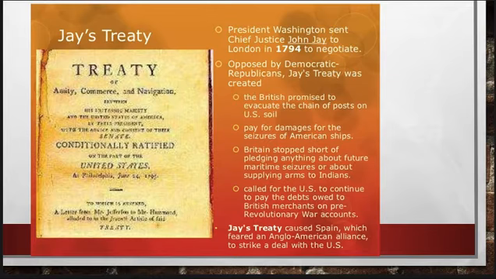Everybody knew he was going, and when word gets back that he met with the Queen of England and was kissing her hand and following British royal courtly rules, it looks really bad to a lot of the French-loving people or the supporters of the French. And remember, Citizen Edmond Genet had just been roaming throughout the countryside, rallying a lot of pro-French sentiment.